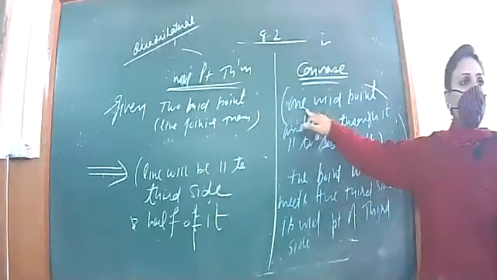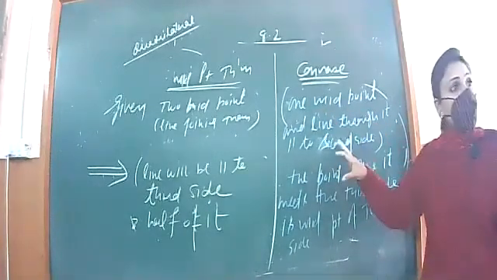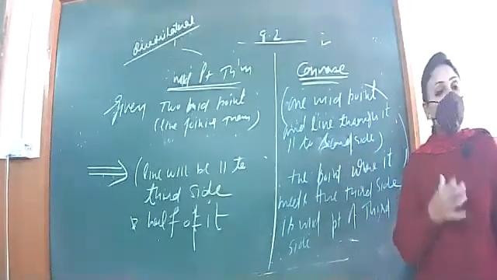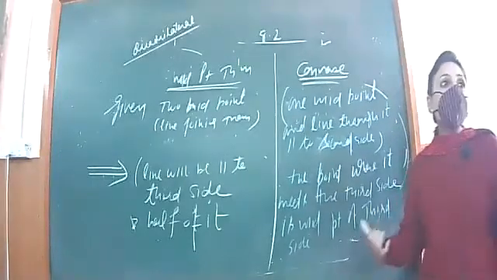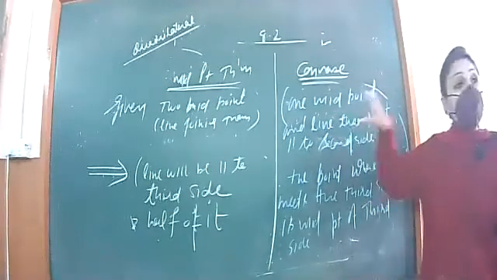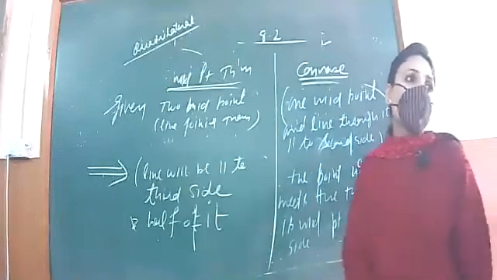When only one midpoint is given, when the parallel line is also given, and just one thing is to be proved, that the other point where this line ends and meets the remaining side is a midpoint.